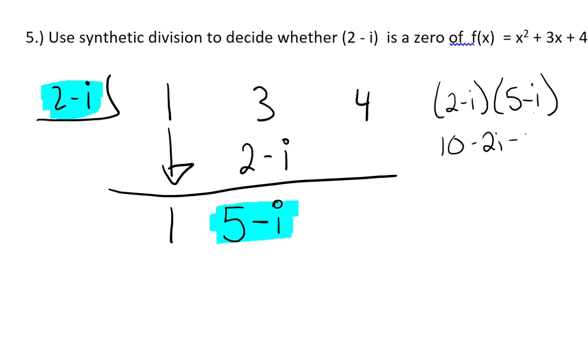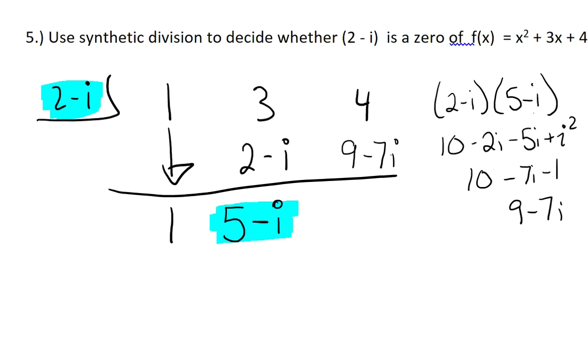So I'm going to have to FOIL it and see what I come up with. i squared, if you remember, becomes -1. So I have 9 minus 7i. I'll add those together, so I get 13 minus 7i. And you can clearly see that the remainder isn't 0. So no, it is not a zero.